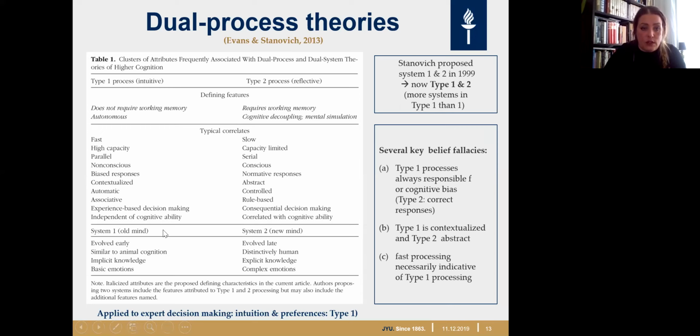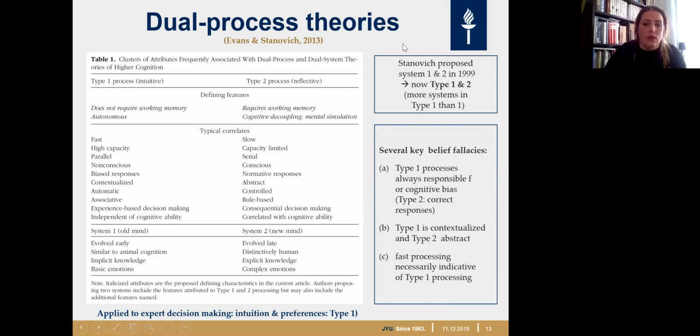There's also research which tries to pinpoint the old mind and new mind to these different types. But according to Evans and Stanovich, the only defining features that they stand by are here.